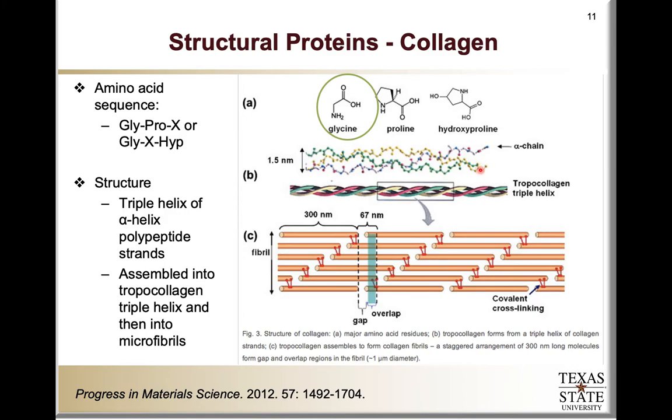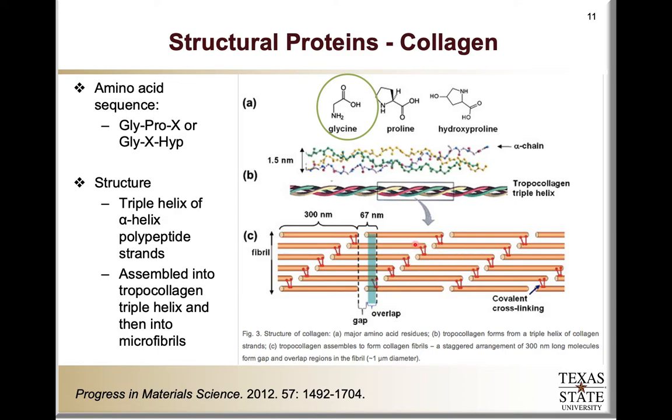We then have the tertiary configuration, which is the formation of this tropocollagen triple helix, also held together by hydrogen bonding. And finally, we have the quaternary structure, which is the supramolecular structure of all of these tropocollagen helices coming together to form the microfibril.